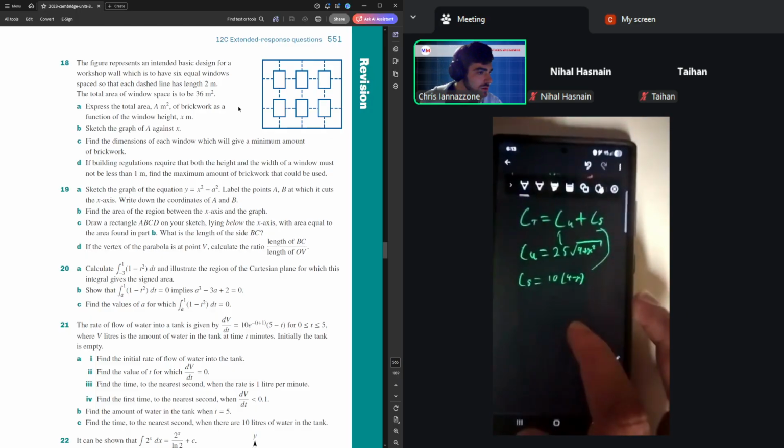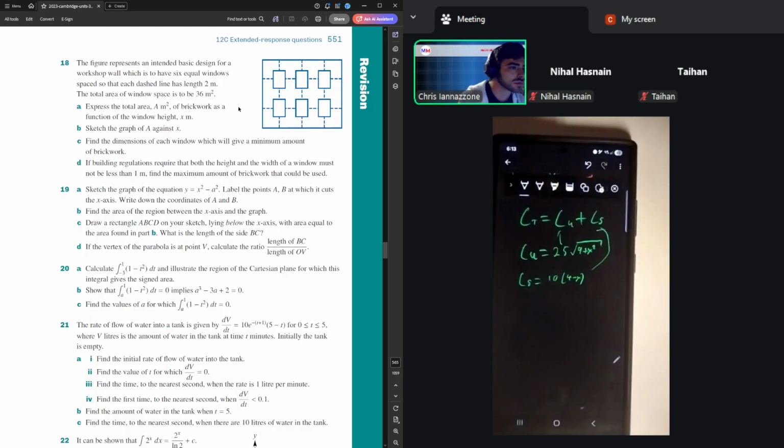We need to figure out what the... oh geez, what's x? Oh, window height is now going to be x. Cool, okay. So trying to get our area in terms of the window height. Oh, because we don't know how... no, of course. What do we not know?